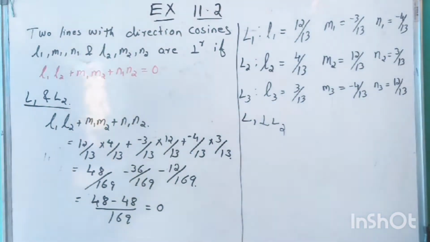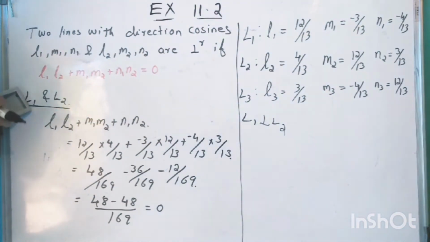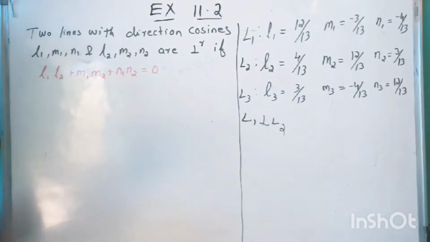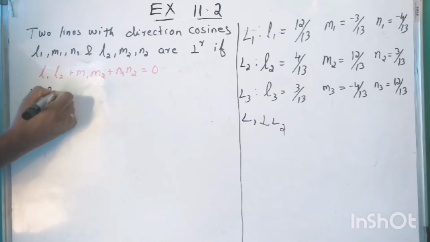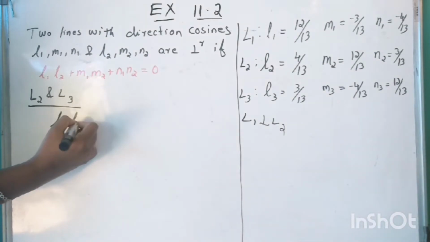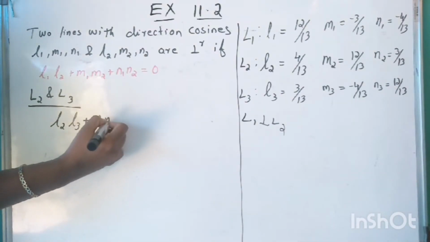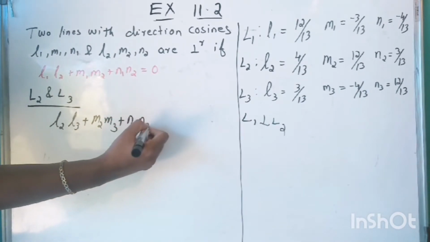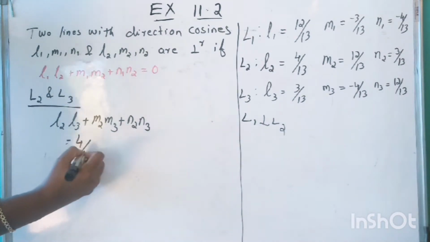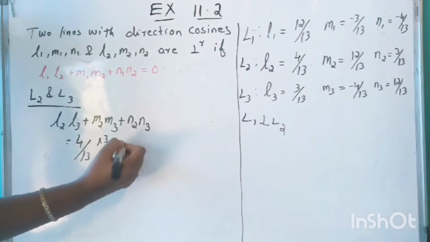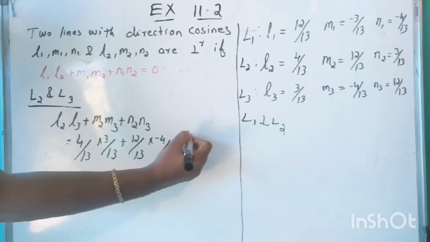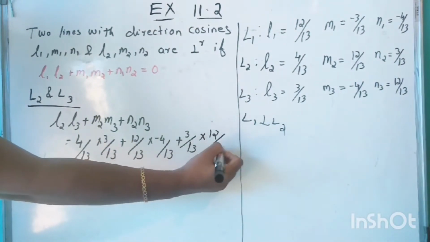Now we are going to consider L2 and L3, second line and third line. In that case we need to take L2 L3 plus M2 M3 plus N2 N3. Now just substitute the values. We will get 4 by 13 into 3 by 13 plus 12 by 13 into minus 4 by 13 plus 3 by 13 into 12 by 13.